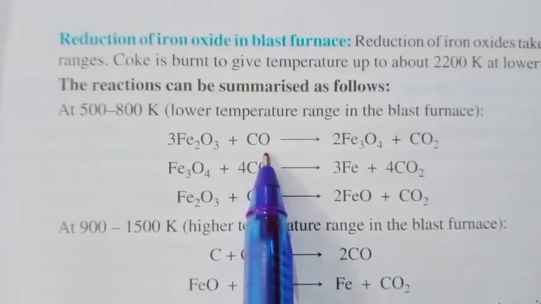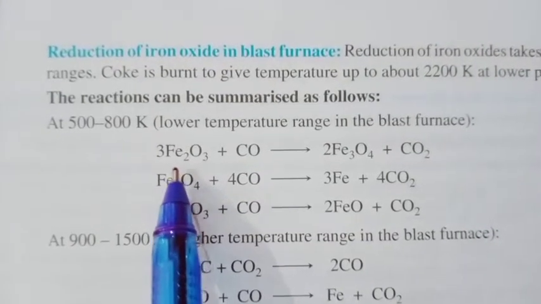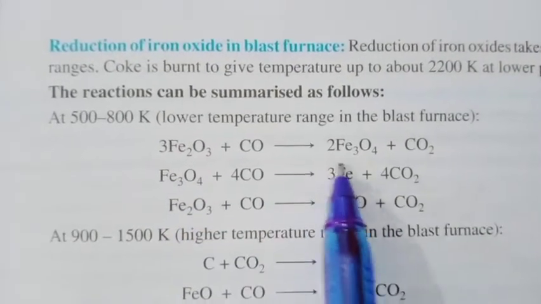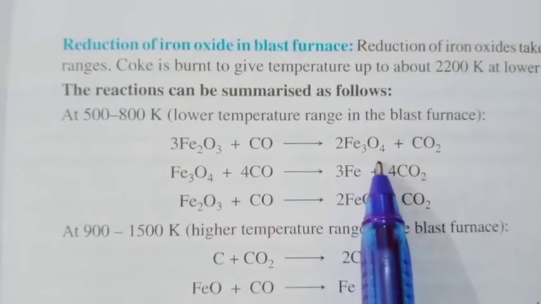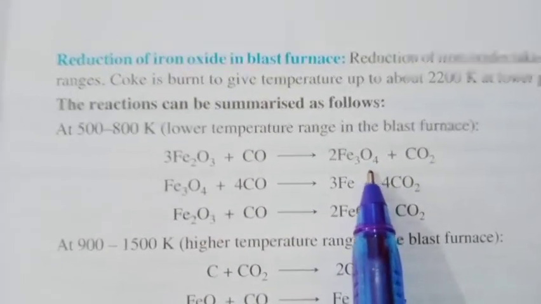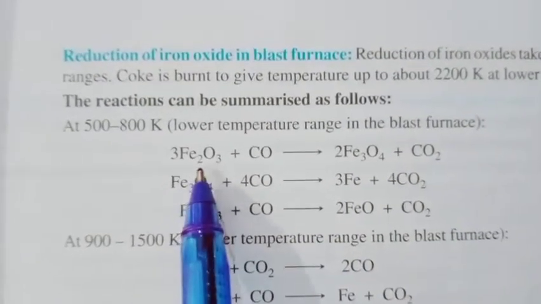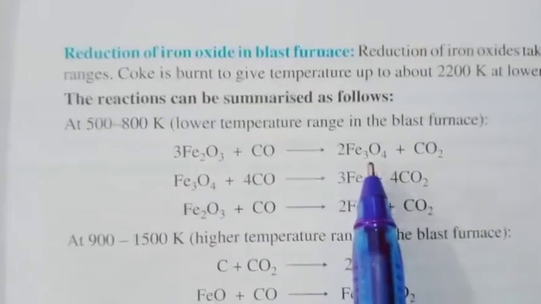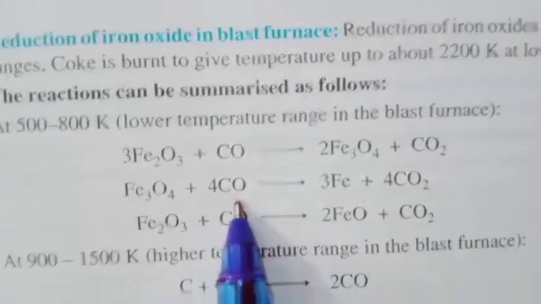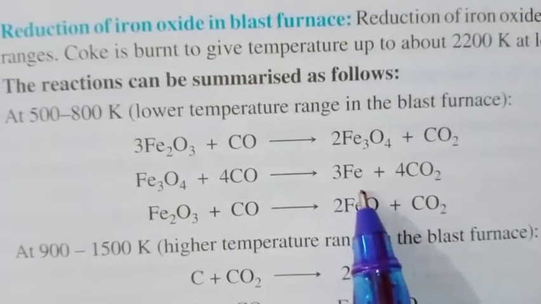This carbon monoxide converts ferric oxide to ferrous oxide, that is, hematite is converted into magnetite. Now this magnetite combines with carbon monoxide and it produces the iron.